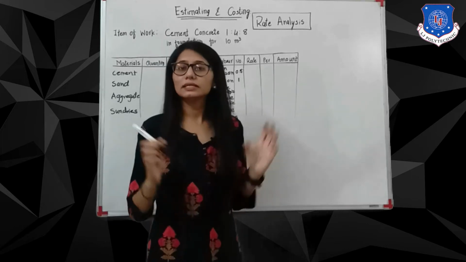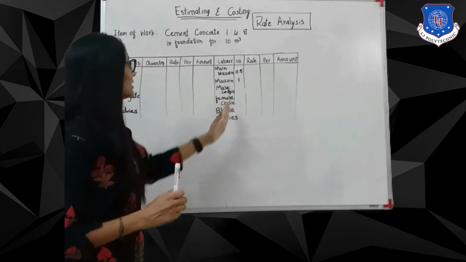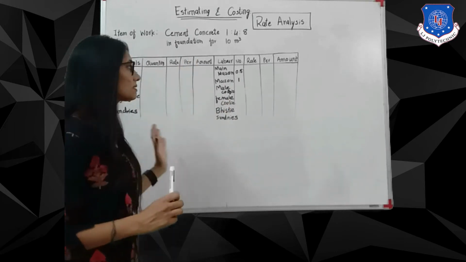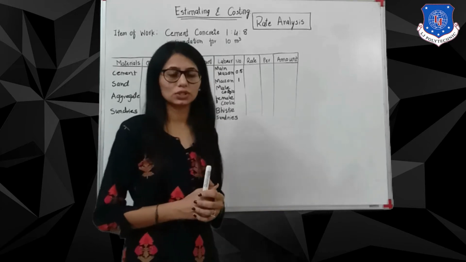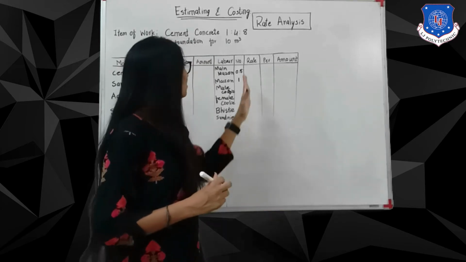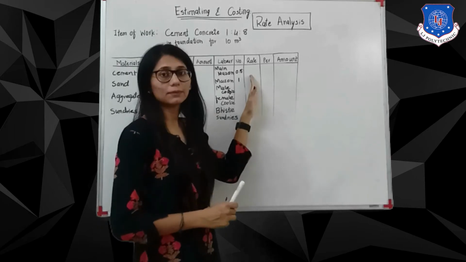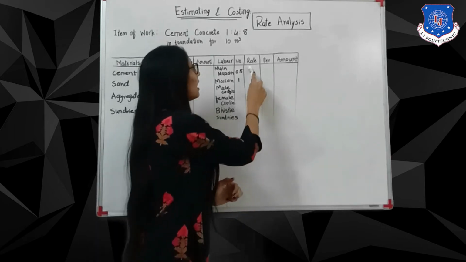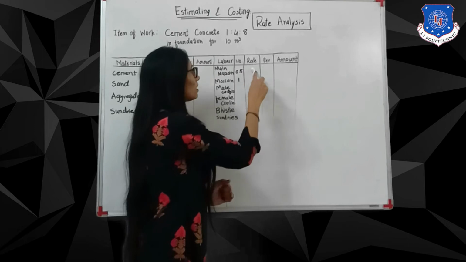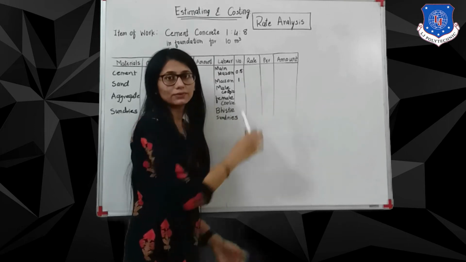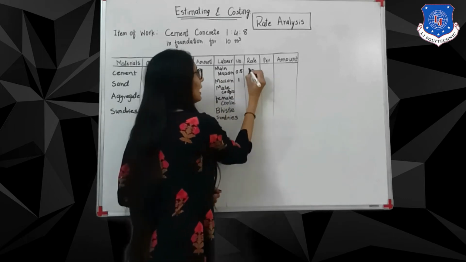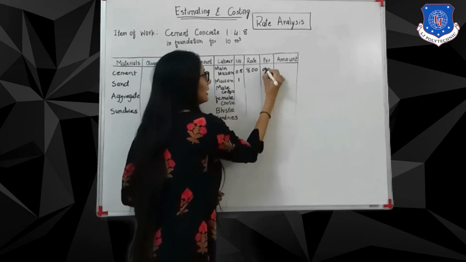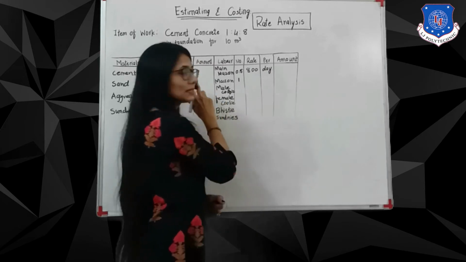Now we have the clear labors and the clear materials. Now we are going to calculate the final rates, the final cost of construction. Right now I am adding the market rates. As you can see on the table, we are going to calculate the labor work according to the present market rates. First we have the head mason, who charges 800 rupees per day for cement work.